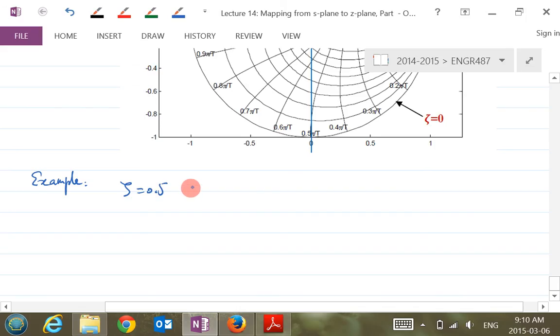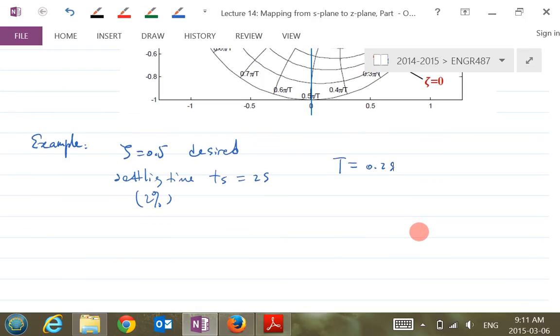This is the desired value. And settling time: let's say the 2% settling time is less than 2 seconds. We have a sampling time of 0.2 seconds.